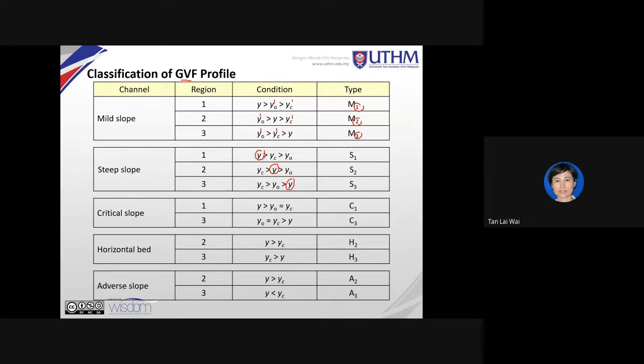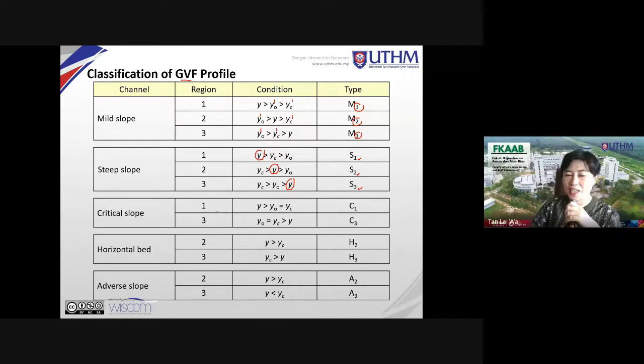If Y is greater than YC and Y naught, it is zone 1, between is zone 2, and if it's less than both Y naught and YC, it is zone 3. Same thing here, critical slope. Since Y naught is equal to YC, you only have two zones, which are 1 and 3. So C1, C3, you won't have the third zone.